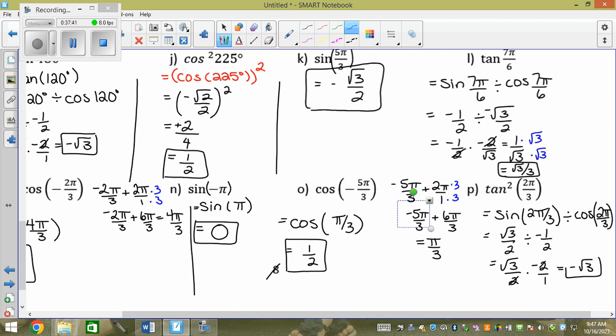So if you haven't noticed, the 60-degree tans all come out as root 3s, and the 30-degree reference angles come out as root 3 over 3, and the 45s come out as 1s. Because all the 45s would just be root 2 over 2, root 2 over 2.